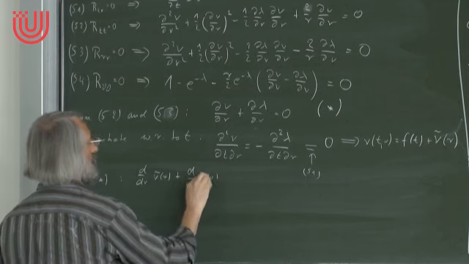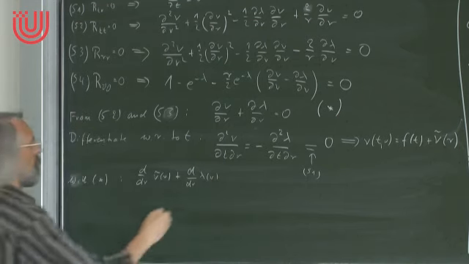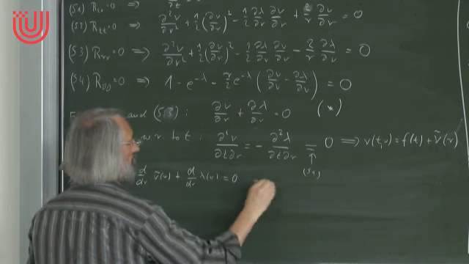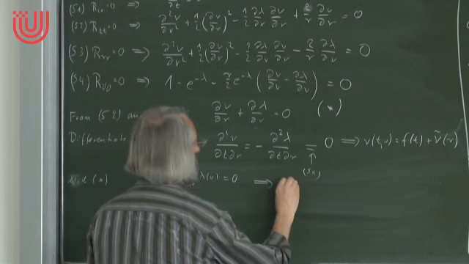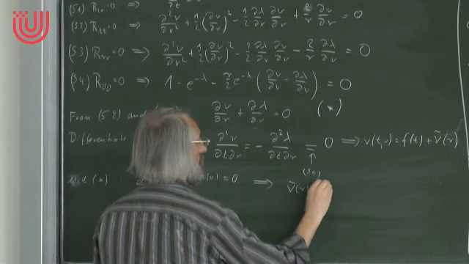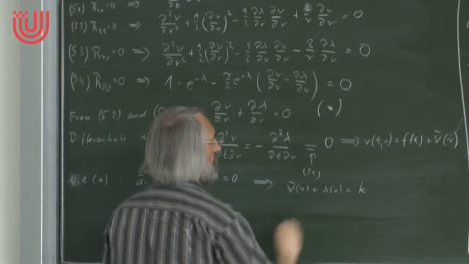So I can again write a total derivative, and this is 0. And that, of course, is very easy to integrate, right? So that's, of course, nu tilde of r plus lambda of r is a constant k.